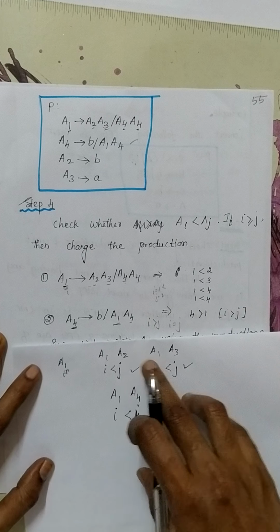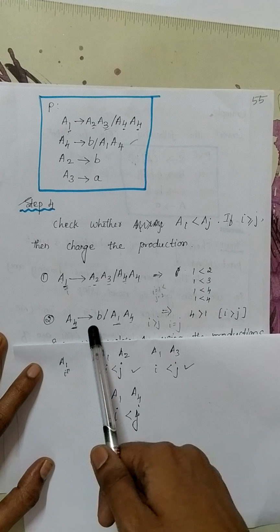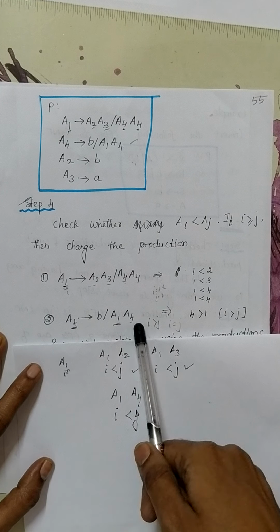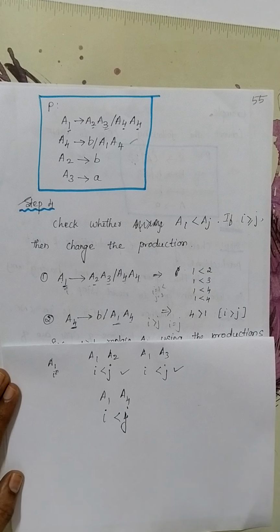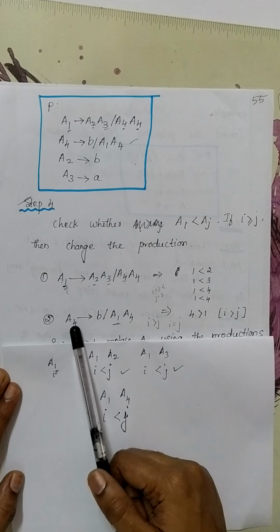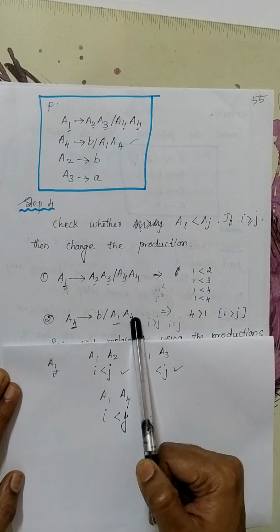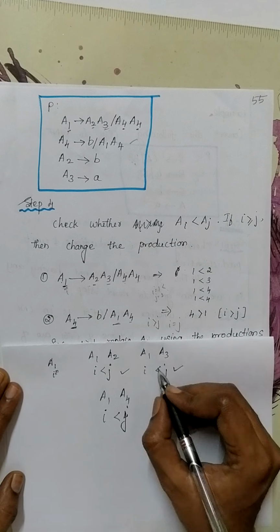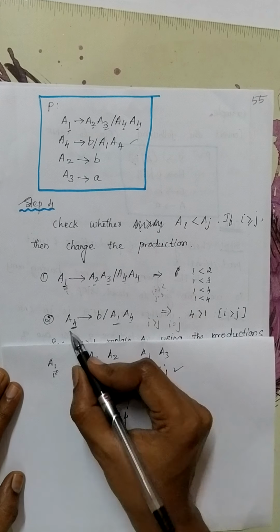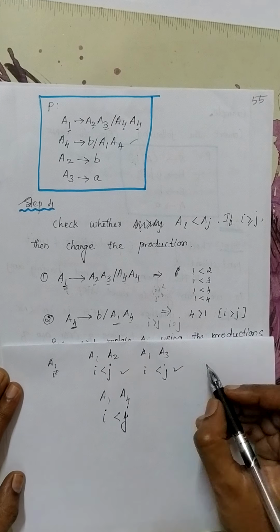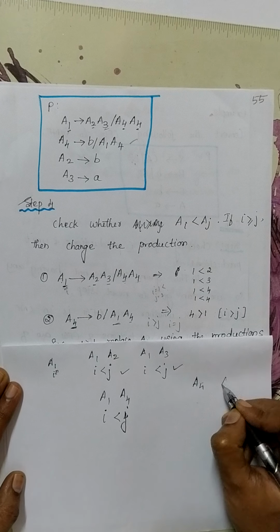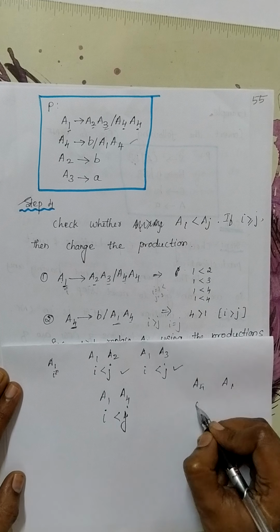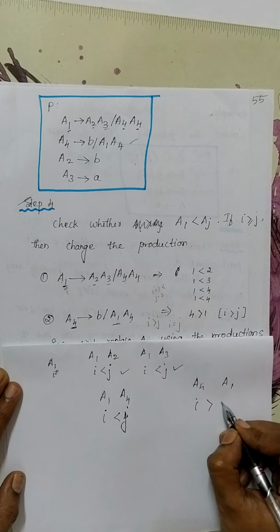Then we take the second production, that is A4 gives b or A1 A4. Now we check whether i is less than j. Here we are comparing A4 and A1, so i is greater than j.